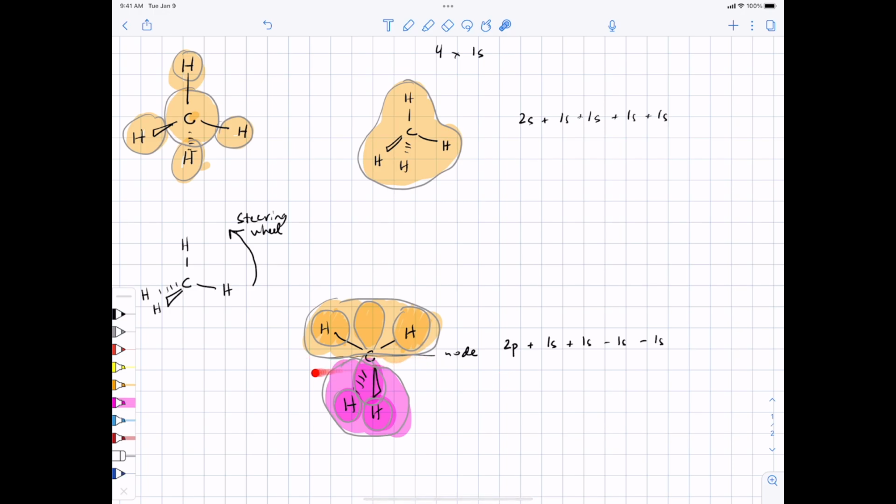Also, there's a node at the nucleus, so potential energy is higher. And then look at the contributing atomic orbitals that we use to make this molecular orbital. This one comes from all s, this one comes from p and s. P is higher than s for reasons we've discussed before. So this is a lower energy one, and then this is a higher energy one.